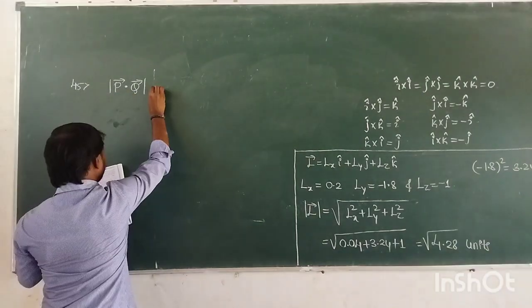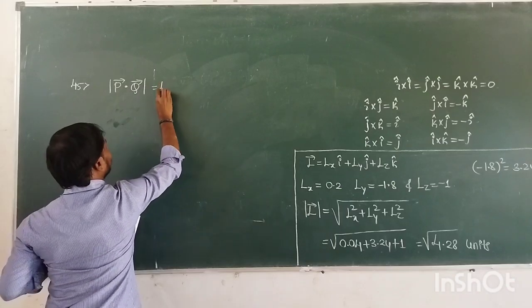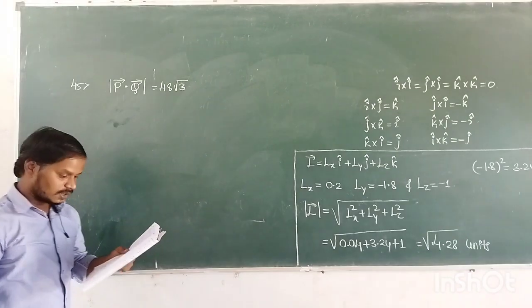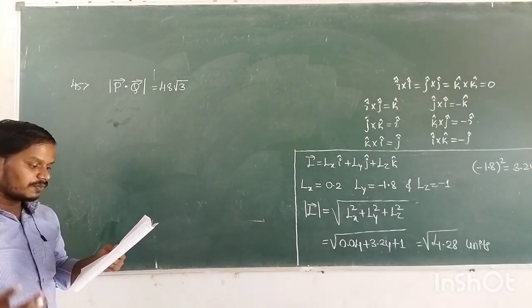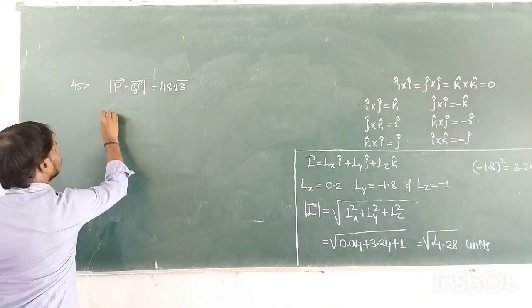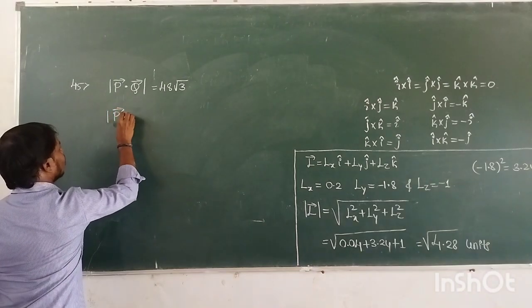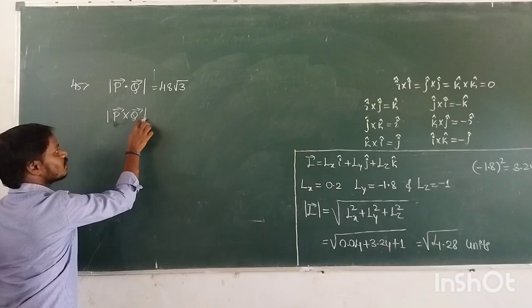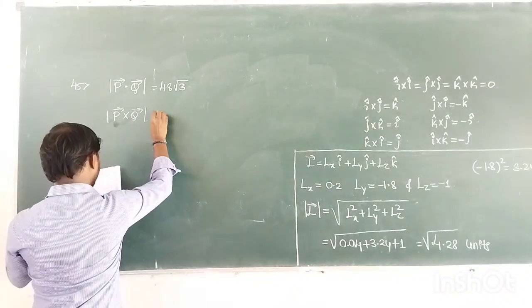That is equal to 48 root 3. And also the magnitude of the vector product of two vectors is given, that is the magnitude of P cross Q, that is 144.